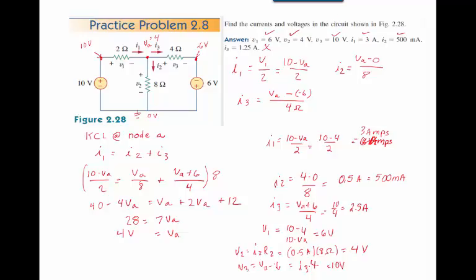And I3 times that resistor, since they got I3 wrong, would be 2.5 amps times 4 ohms. Hey, guess what? It is 10 volts. So either way, you can find V3 by I3R3. Actually, all of them you could just do Ohm's law.